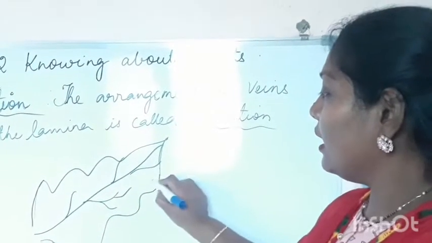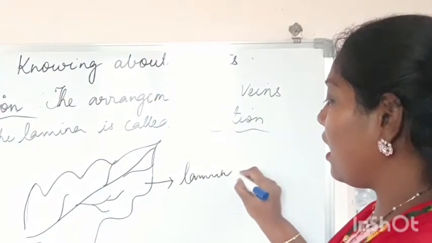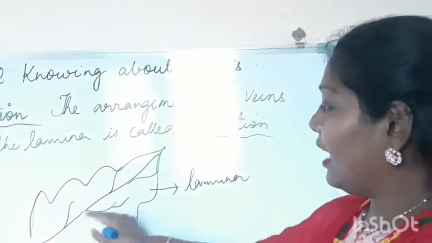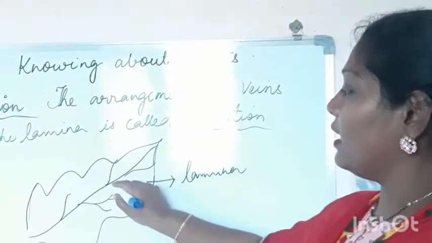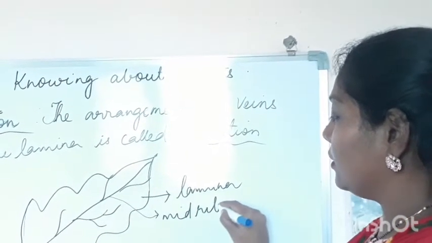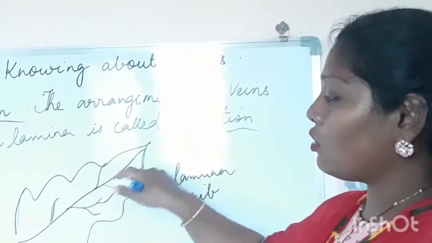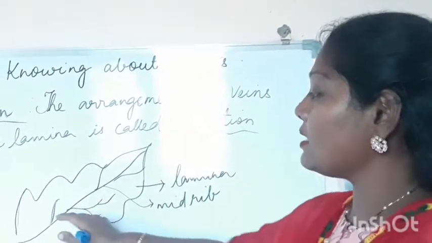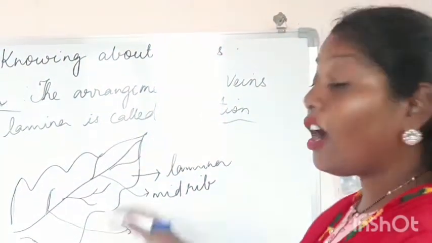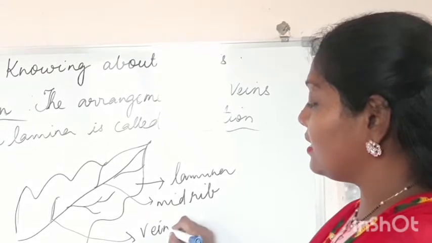So children, here the white portion is called lamina, right? And the middle long line is called midrib. The thread-like structures coming out of the midrib are called what? Veins.